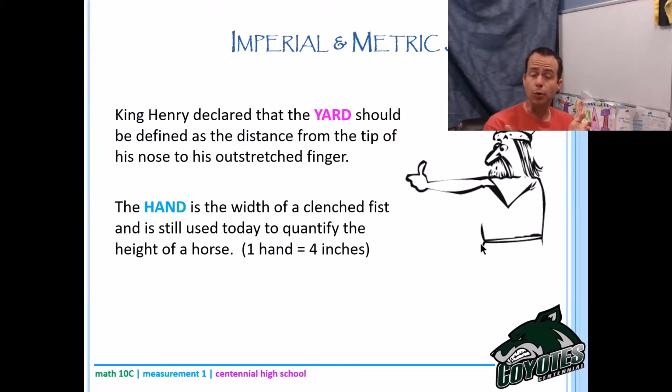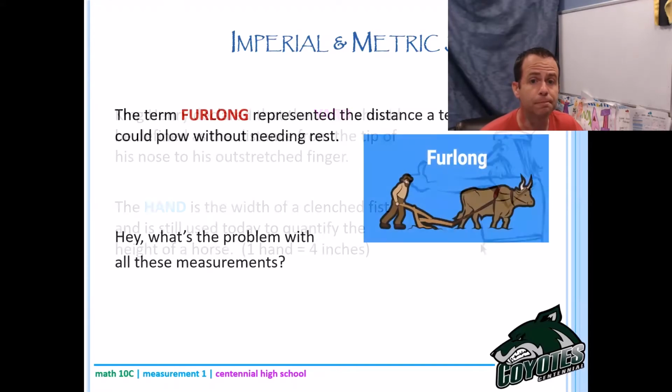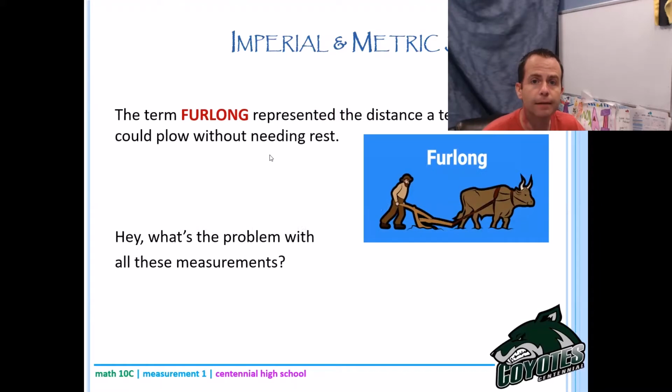If any of you are horse lovers, you will measure horses in hands, and that's actually where that term came from. Then we have a furlong. A furlong represented the distance a team of oxen could plow without needing rest. Okay, so these are all the measurements in ancient civilization.